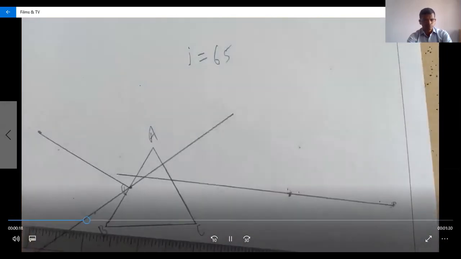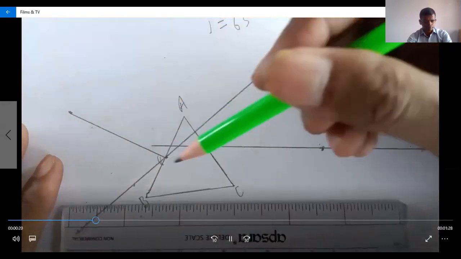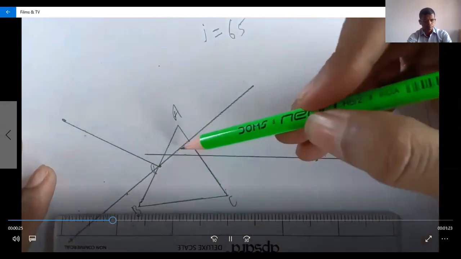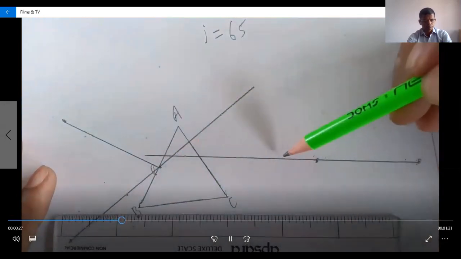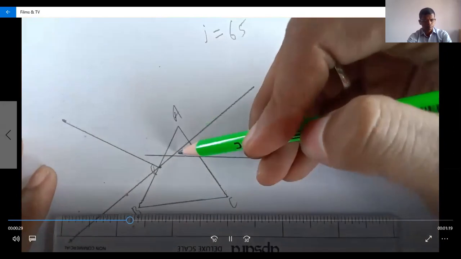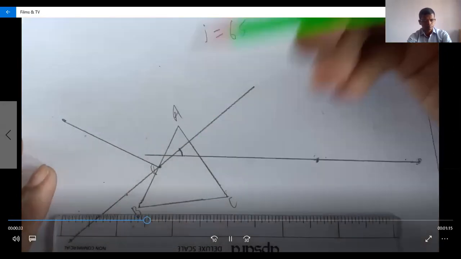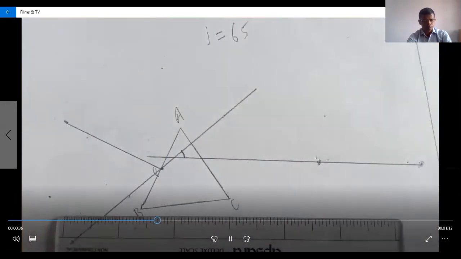So as per theory, we find the angle of deviation. How is it possible? This is the angle of incidence line, and this is the angle of emergence line. These two lines meet each other, so this is the angle of deviation. With the help of a protector, we find the angle of deviation.